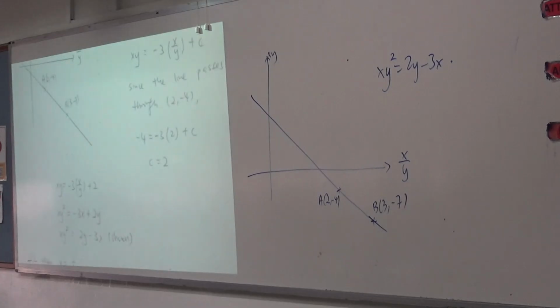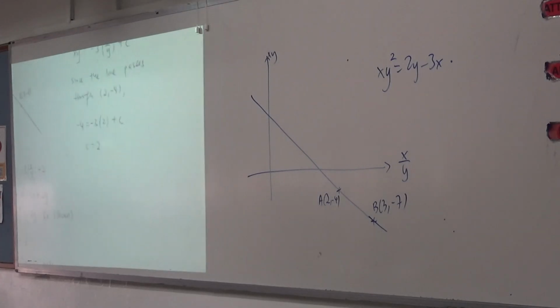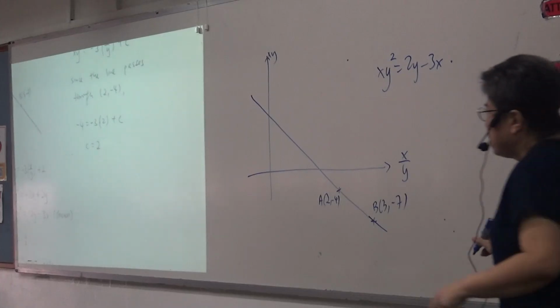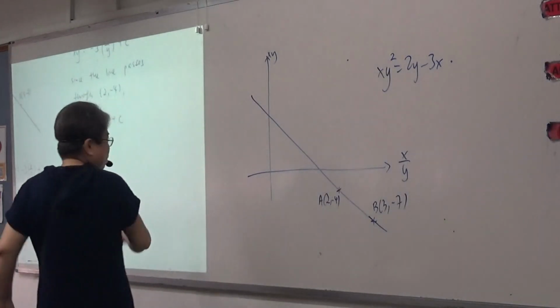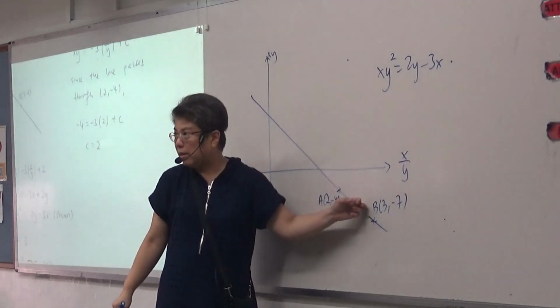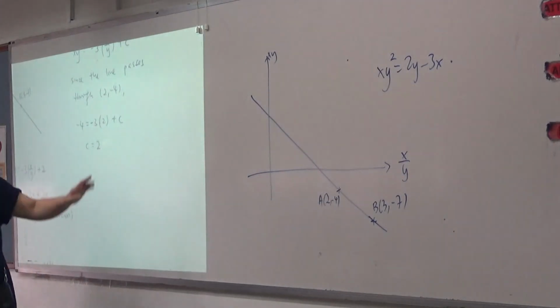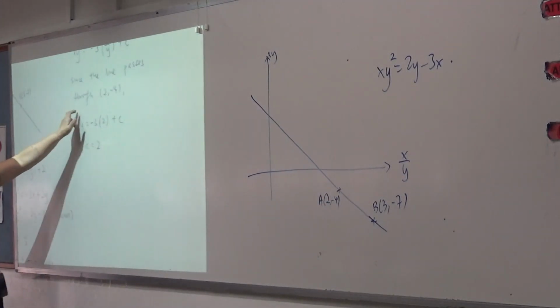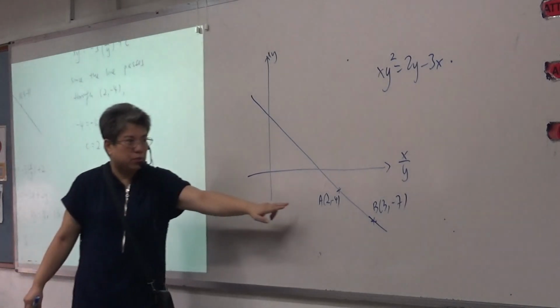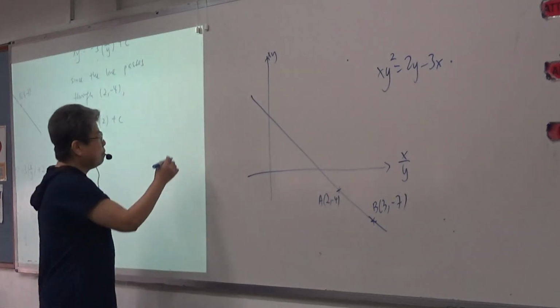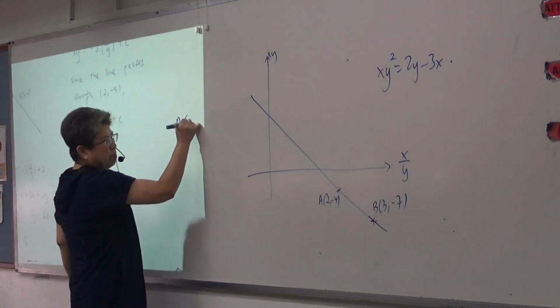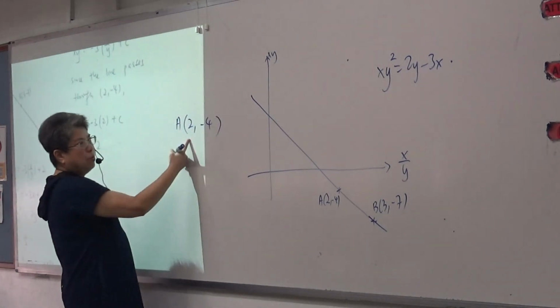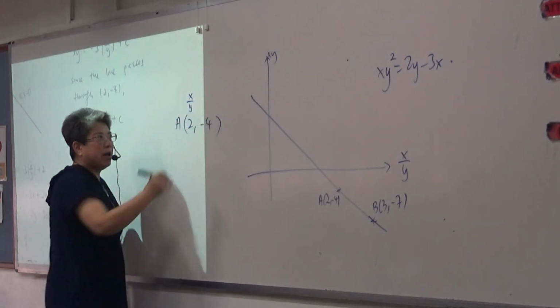Now, I'm going to write here. Okay, all of you look up here. You can also use point B. It doesn't matter. Okay, all of you look up. Since the line passes through 2, negative 4, this is 2, negative 4, right? Okay, I'm going to write down here. Do you agree this one represents x over y?